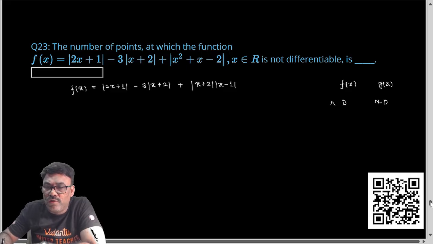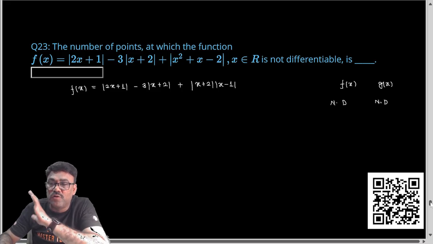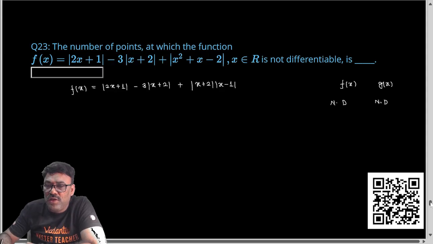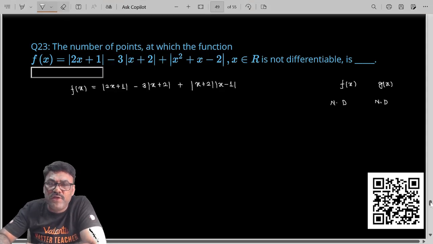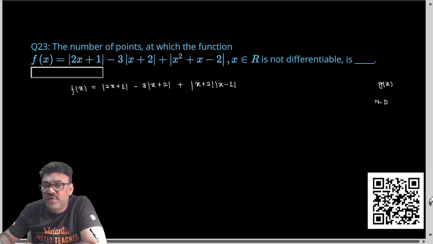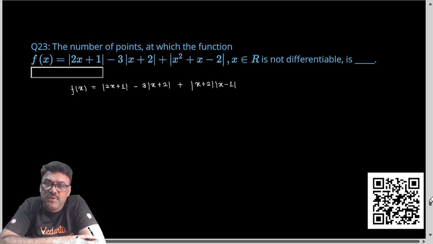And if both are non-differentiable at a point, then the sum and difference may or may not be differentiable. In this case, you have to check. This is the doubtful case. I'm repeating: if both are differentiable, then the sum and difference will be differentiable. If one is differentiable and the other is not, then the sum and difference is not differentiable. And if both are non-differentiable, then the sum and difference can be or cannot be differentiable.